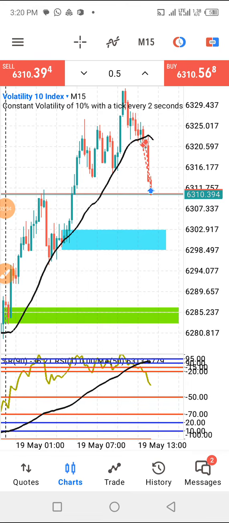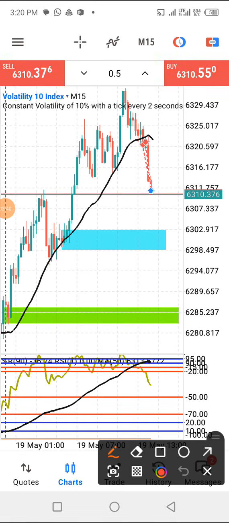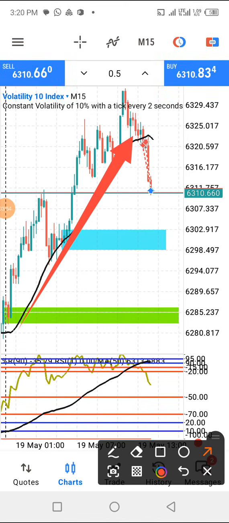Now, how does this strategy work? Like I said earlier on, we are going to be using 15-minute time frame for entry, 5-minute or 15-minute time frame for entry. Now, first thing first, we want to see price breaking out of this moving average.